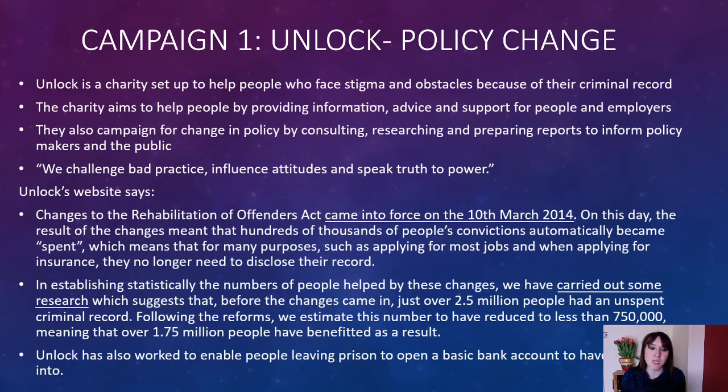In establishing statistically the numbers of people helped by these changes, we have carried out some research which suggests that before the changes came in, over 2.5 million people had unspent criminal records. Following the reforms, we estimate that the number has been reduced to less than 750,000, meaning that 1.75 million people have benefited as a result. So that would link into your successes.